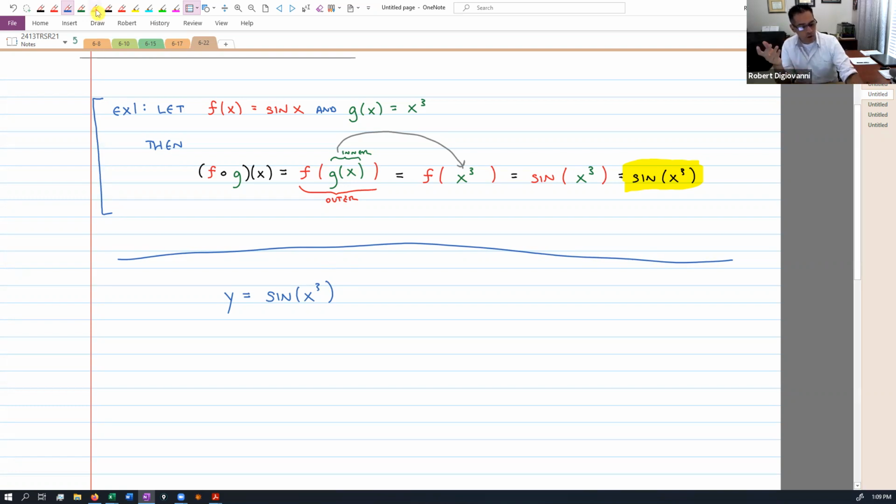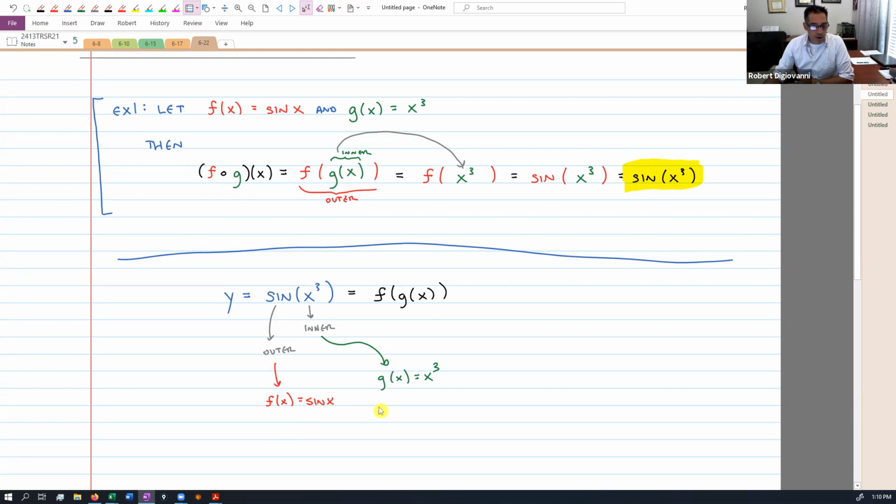Can everyone see that this is an inner function and this is an outer function? And therefore I can call the outer function f and call it the sine function. And I can call the inner function g and let that be x cubed. And then if I do that, then I can say that this is the same as f of g of x, right? Any questions on that?